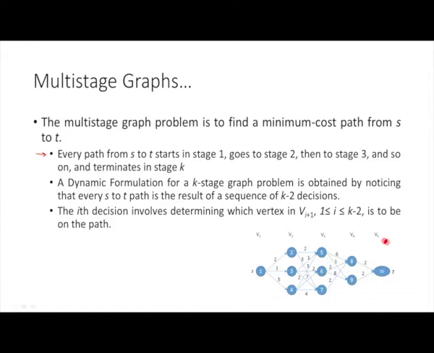We have one node in stage 1 and one node in stage k, that is 10. So if we want to find a path from the first node to the last node, we need to take only k minus 2 decisions.